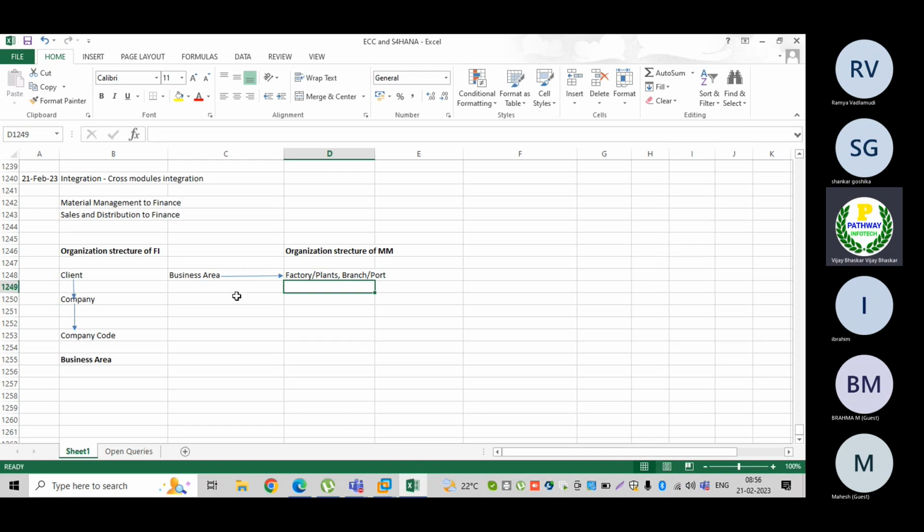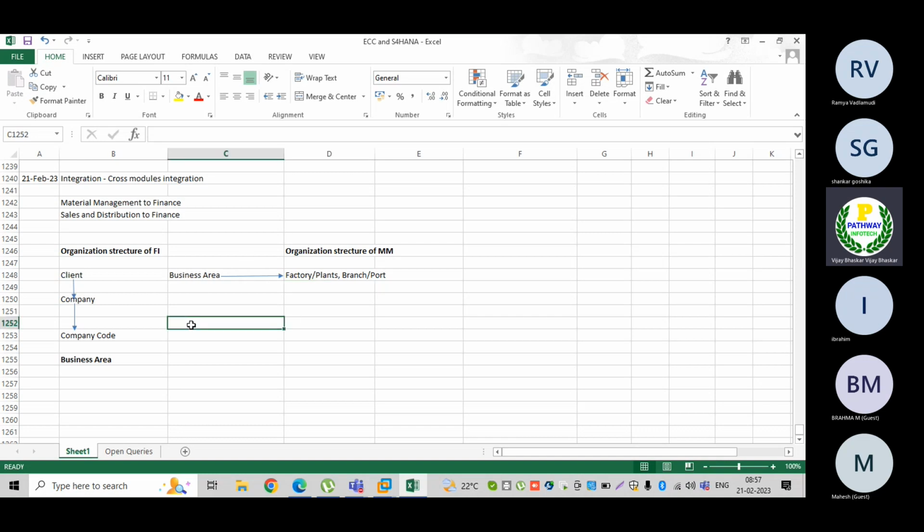Now we have seen the business area. Then the storage location. In material management, area-wise, I have a factory running in Hyderabad, Kukatpally, let us assume, and one more factory in Bangalore, some industrial area. So we use the factory as a business area.